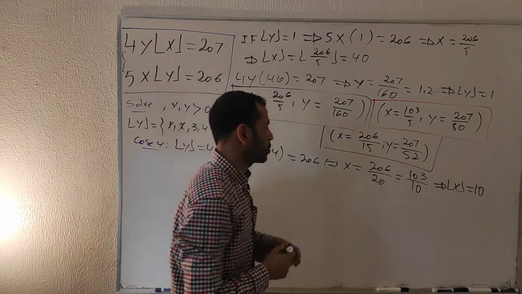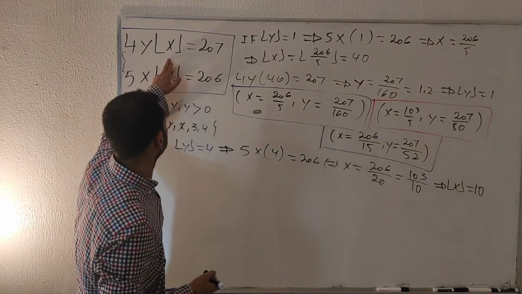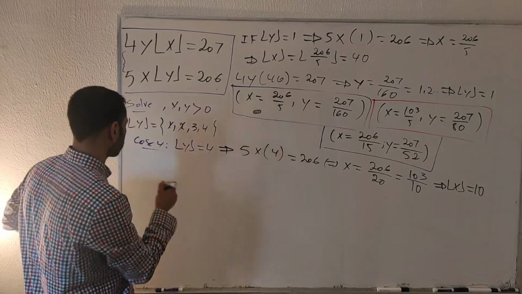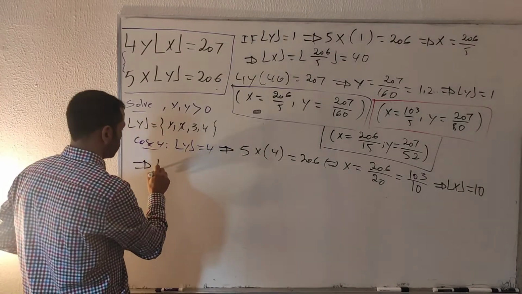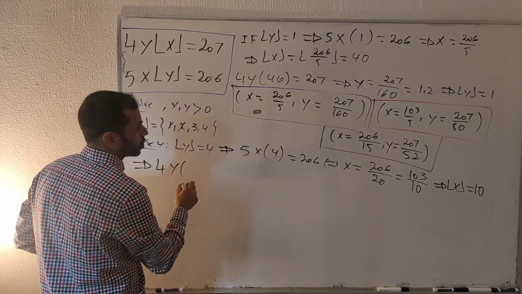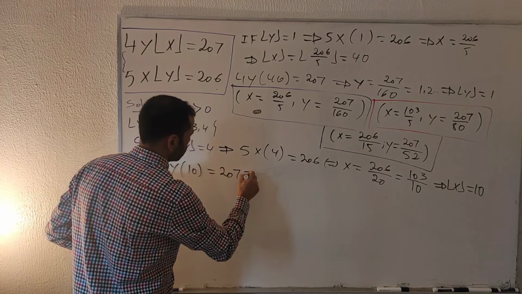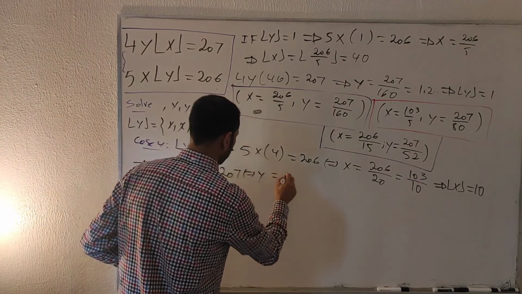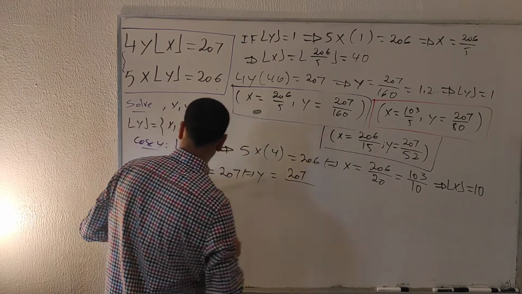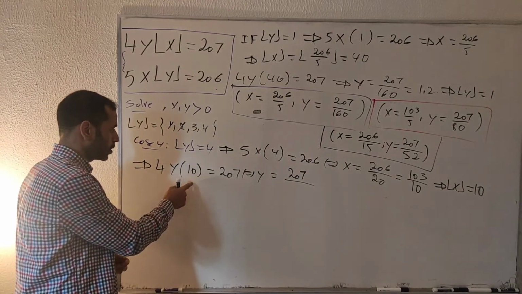Okay, I'm simply going to take this value of the floor of x and insert it into the first equation to find y. I get 4 multiplied by y, and the floor of x will be replaced with number 10, equals 207. Equivalently, y equals 207 over 40, because 4 multiplied by 10 is 40.